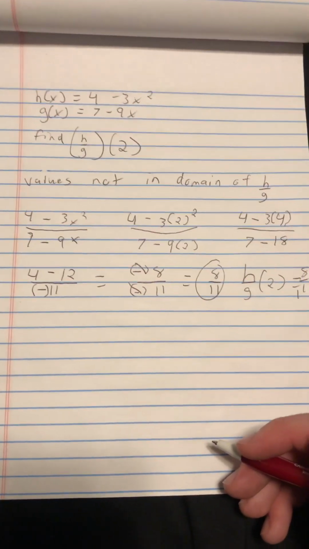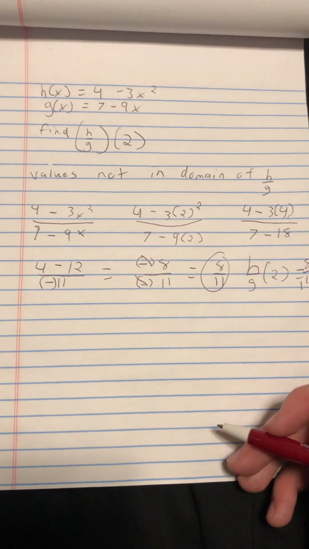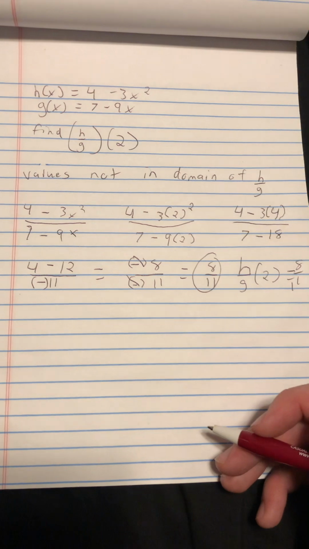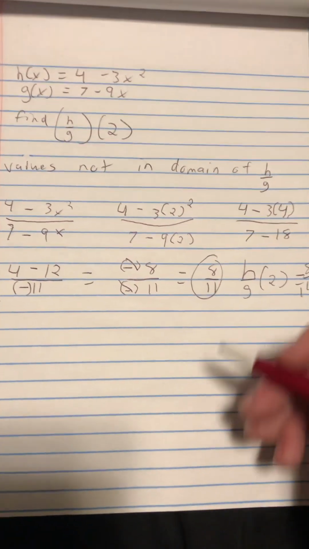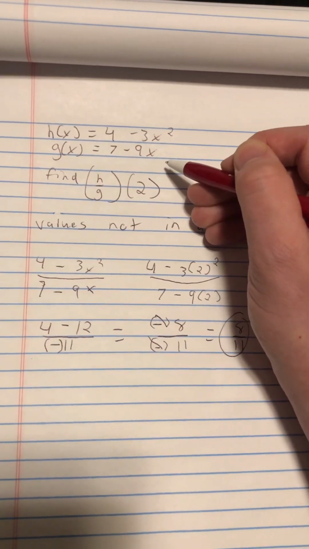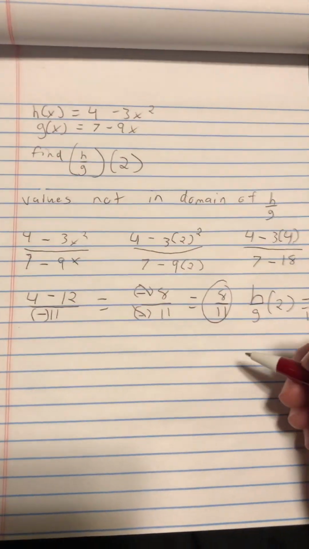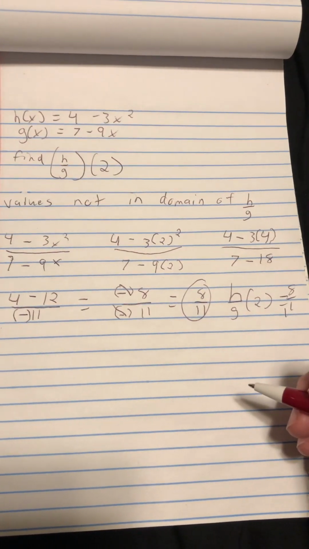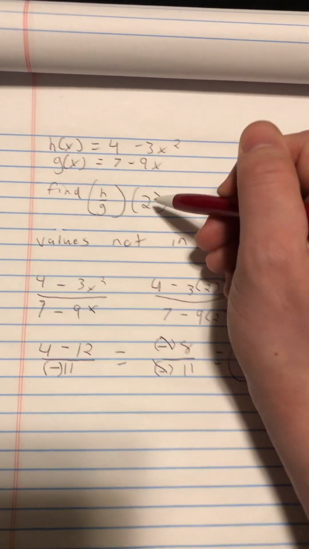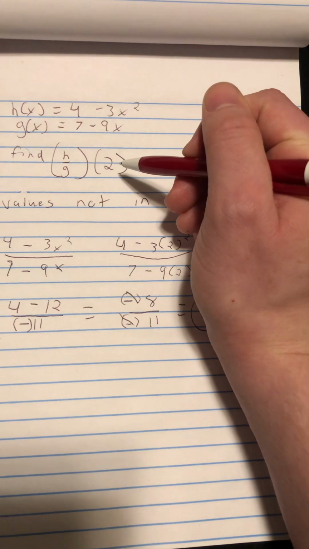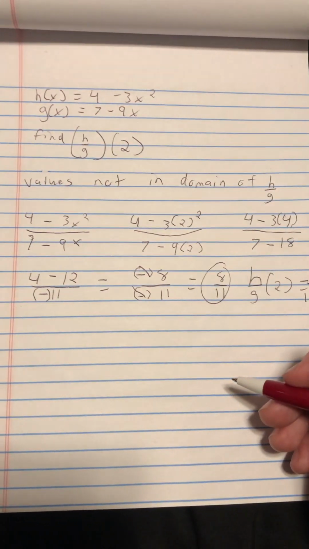The second one is kind of a trick question. Whenever a question asks you to find a value that is not in the domain of this function, that just means that what numbers, if I were to plug them into the function, would result in an impossibility or something that doesn't work mathematically speaking.